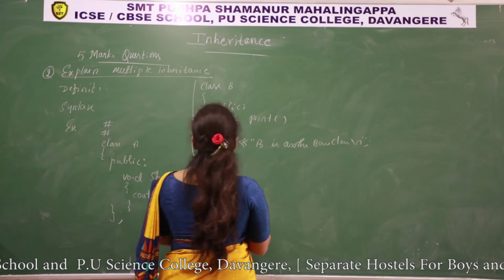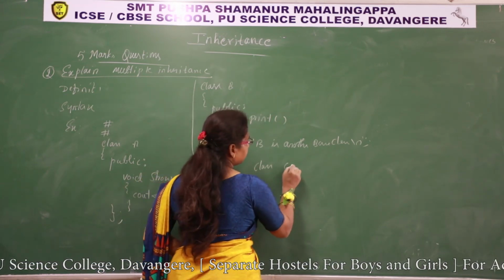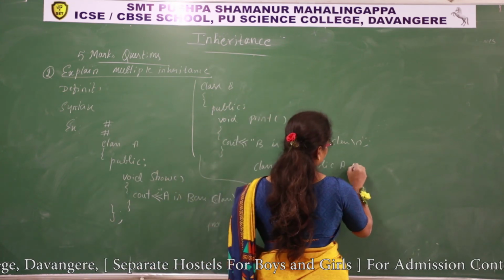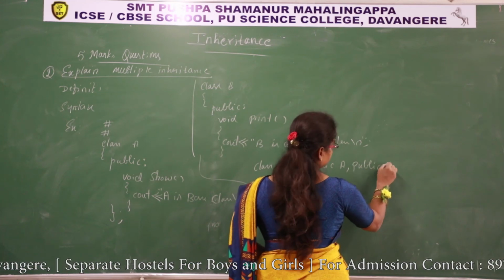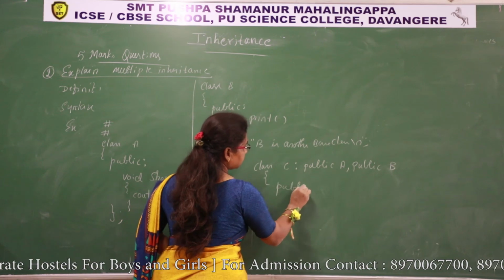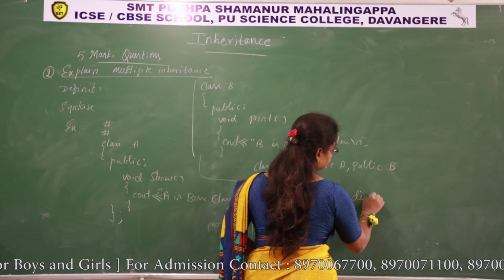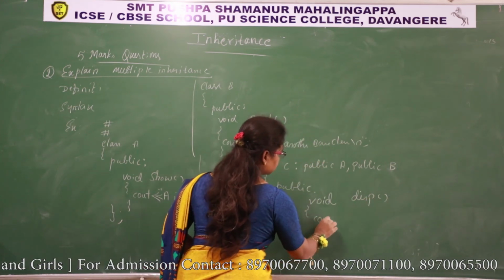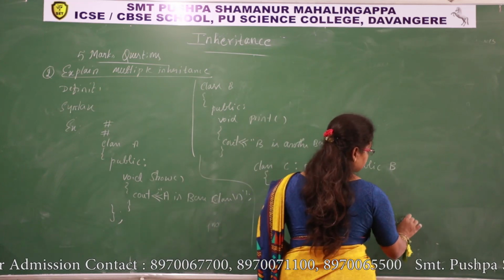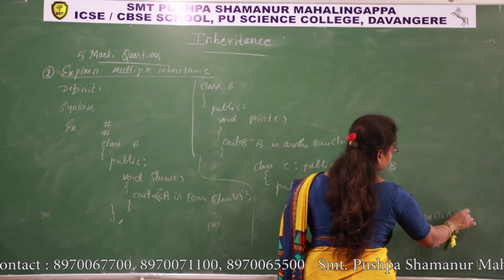Now we have to derive a class from class A and class B. Class C colon public A, comma public B. In the public section, I'll take a function void display, cout, C is derived from class A and class B.